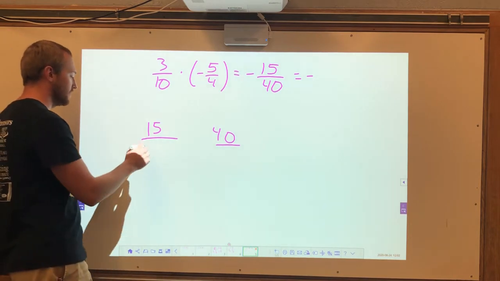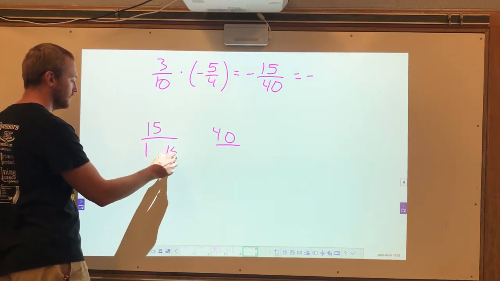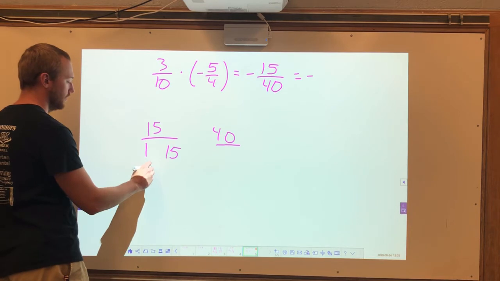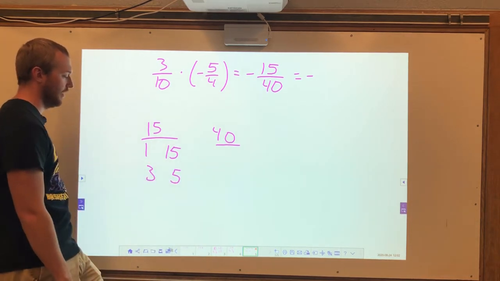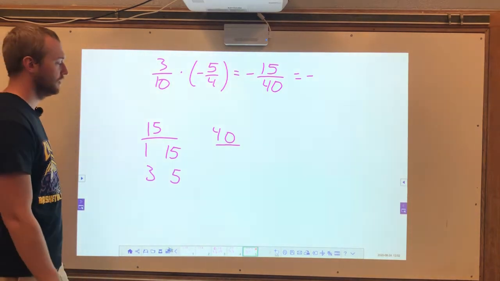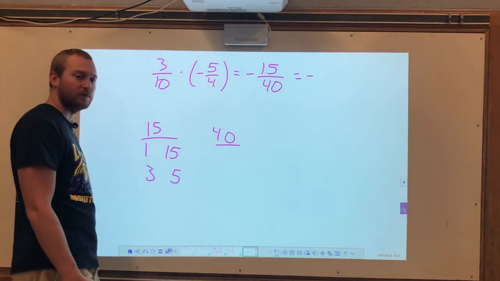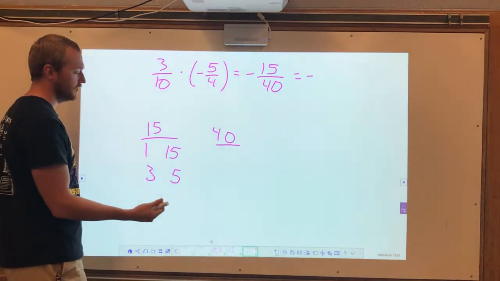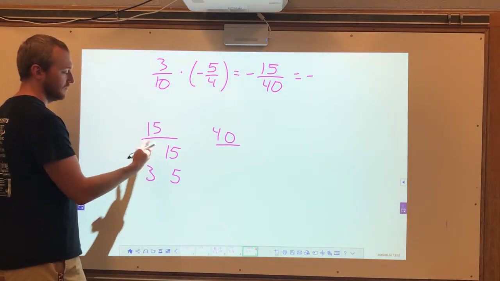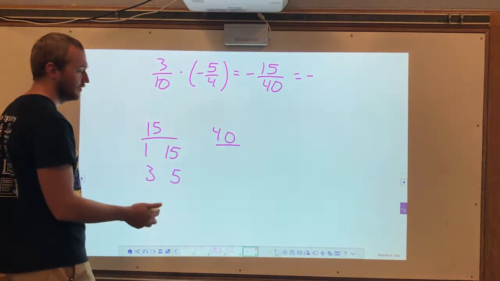Well, 15 is 1 and 15, 3 and 5, and that is it. 40 is a bit bigger of a number. There's going to be a few more factors here. But keep in mind, I'm really looking to see if there's anything with a 15, 3, or 5 involved.